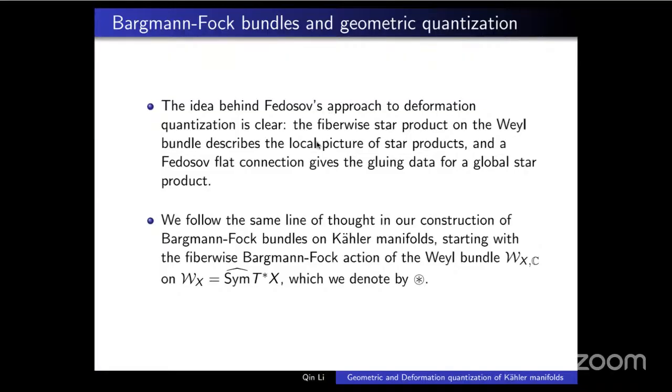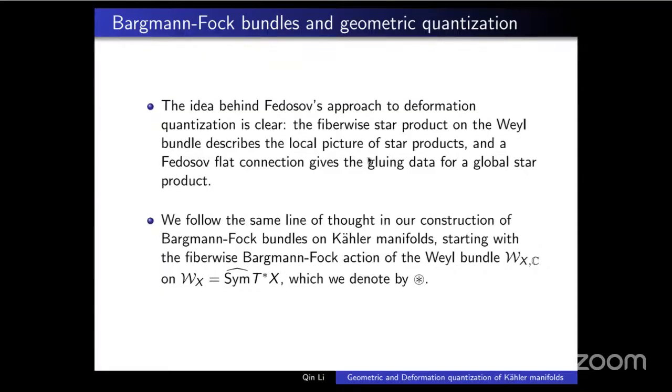You start from some linear algebra, and that's the fiber-wise star product on the Weil bundle. It describes the local picture of star products. And a Fedosov flat connection gives you the gluing data for a global star product, so how it glues these local pictures. In this Bargmann-Fock bundle picture, we follow the same line of thought in this construction.